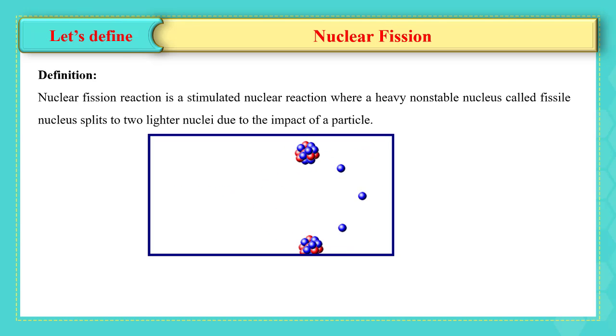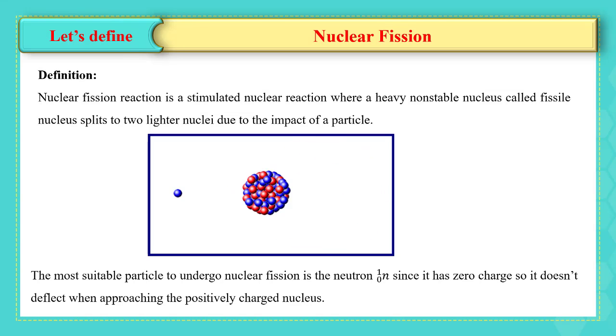So, by definition, nuclear fission is a stimulated nuclear reaction where a heavy non-stable nucleus called fissile nucleus splits into two lighter nuclei due to the impact of a particle.